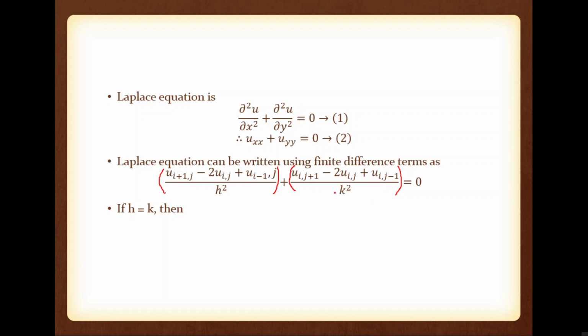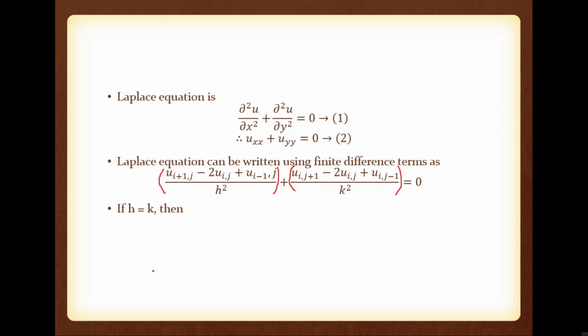If h is equal to k, we can replace this k square with h square. Then the denominator is same. If the denominator is same and the right hand side is 0, then we can remove the denominator. Am I correct? Is it okay, all of you? So please note, if h is equal to k, then we can remove the denominator because both denominators are same. So we can easily remove that.